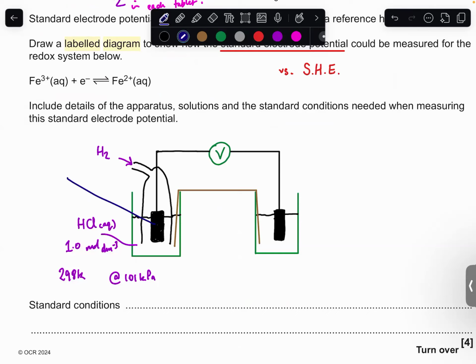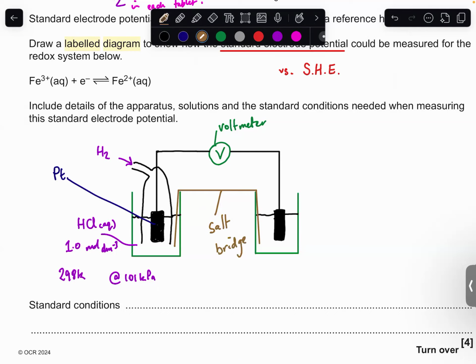This electrode, because we need an inert, unreactive electrode that is able to carry the current, we use platinum, Pt. We've got our voltmeter here, high resistance voltmeter that records the voltage. What connects both half cells is your salt bridge.